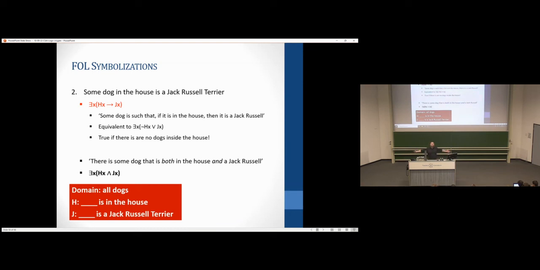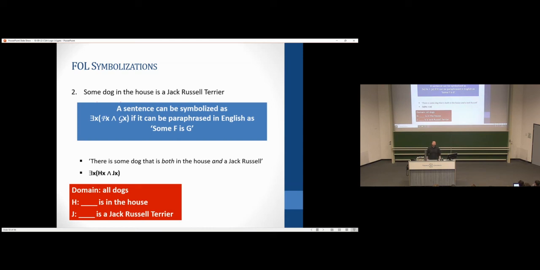Or, to give you the generalized one, a sentence can be symbolized with the existential conjunction if it can be paraphrased as some F is G. So if we have every F is G, it's the universal with the conditional. If we have some F is G, it's the existential with the conjunction.